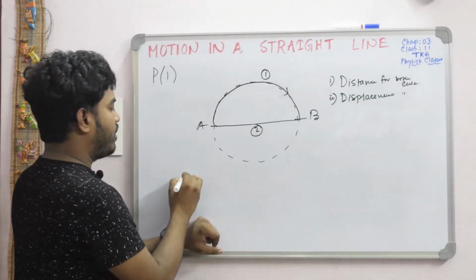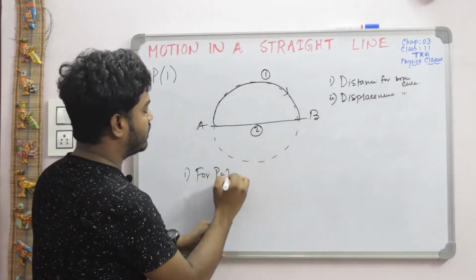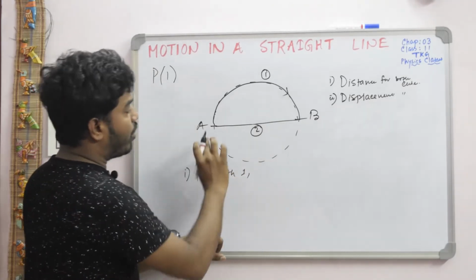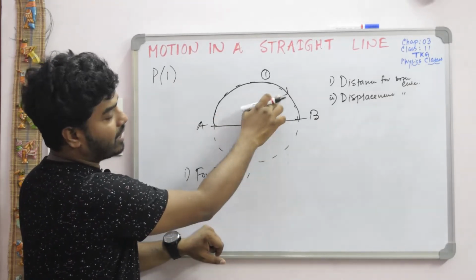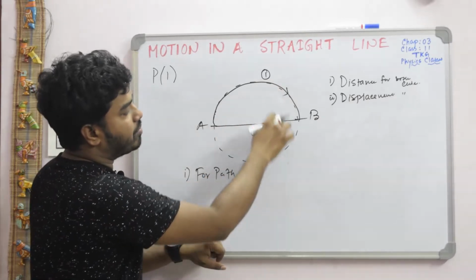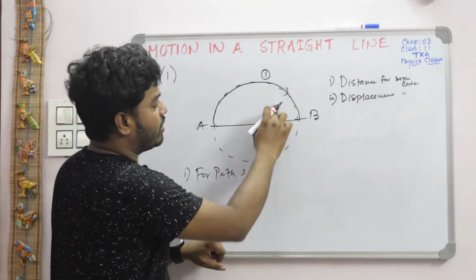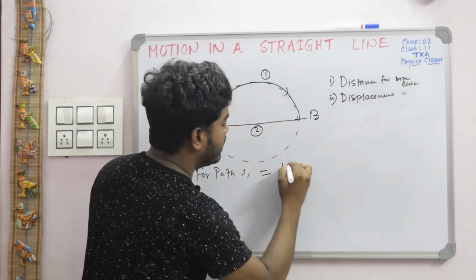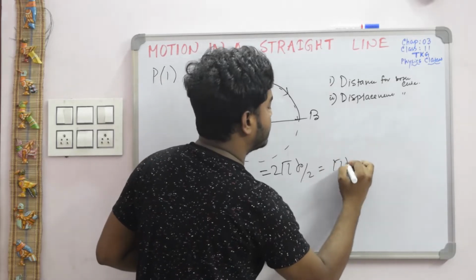First one, for path 1, the body moves from A to B, that means half of the circle. You know the circumference formula is 2 pi r, so this is half of the circle, so this path value will be 2 pi r divided by 2, that is pi r.